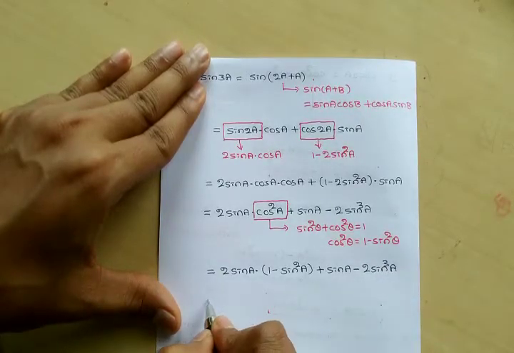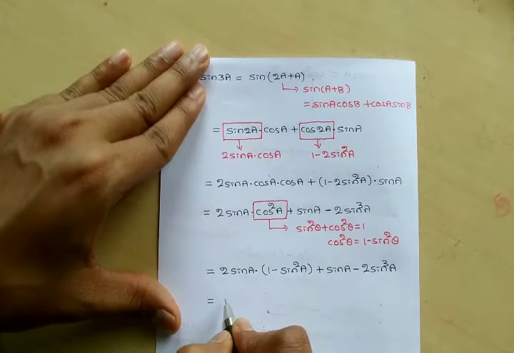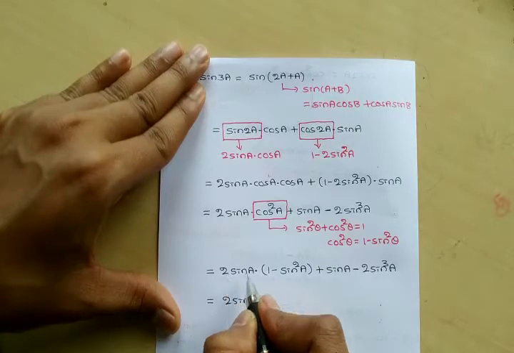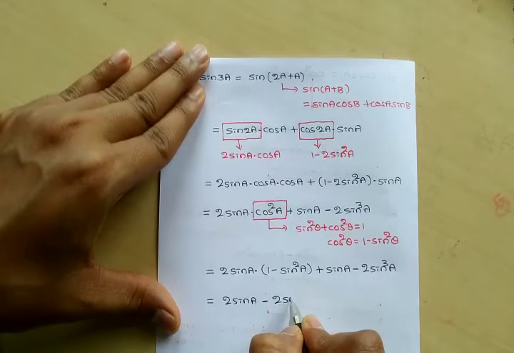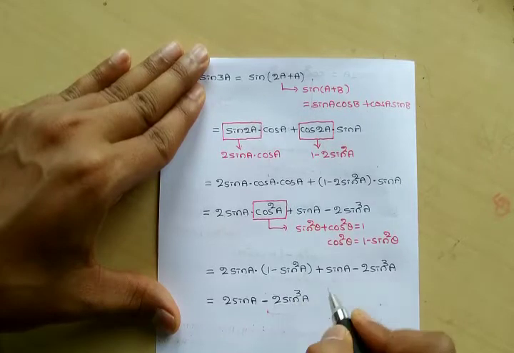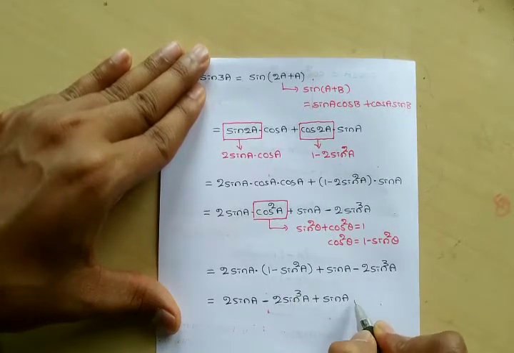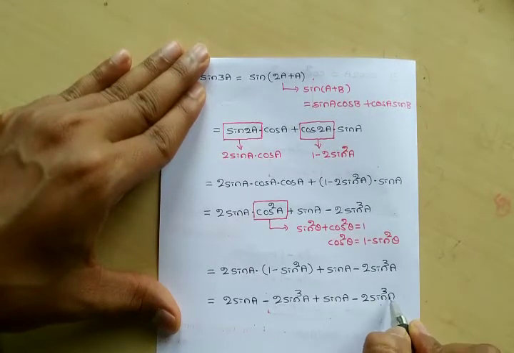So next, which is equal to, open the bracket, 2 sin A into 1 is 2 sin A, minus 2 sin A into sin square A is 2 sin cube A, plus this sin A keep it as it is, and this 2 sin cube A also keep it as it is.